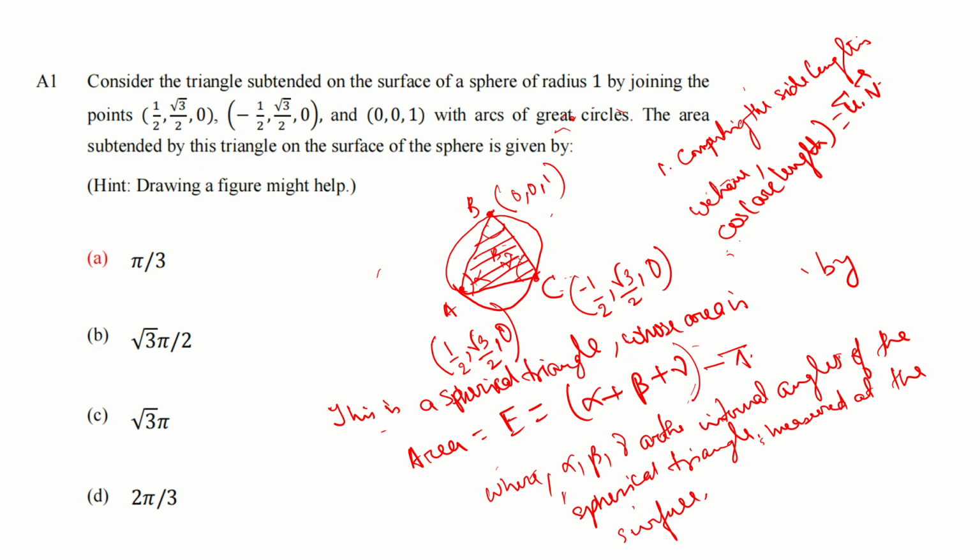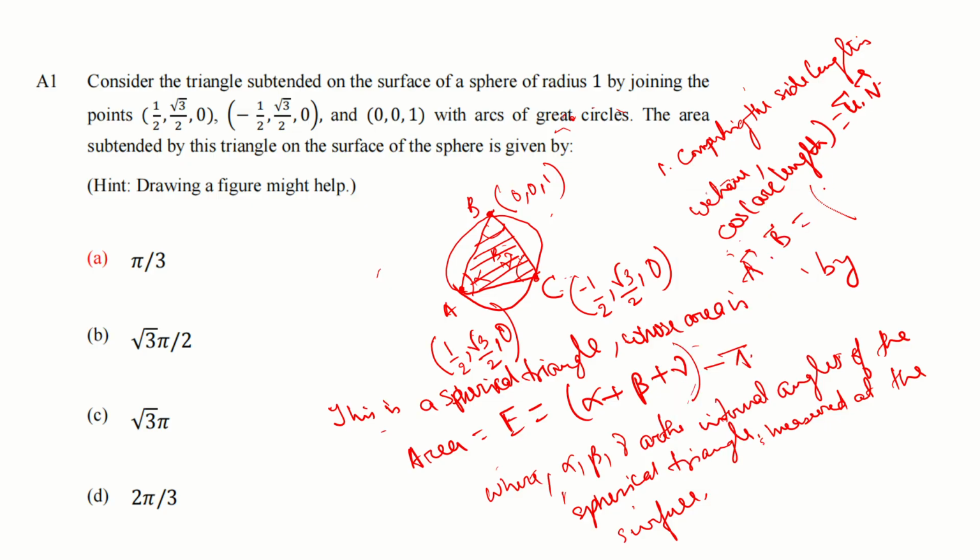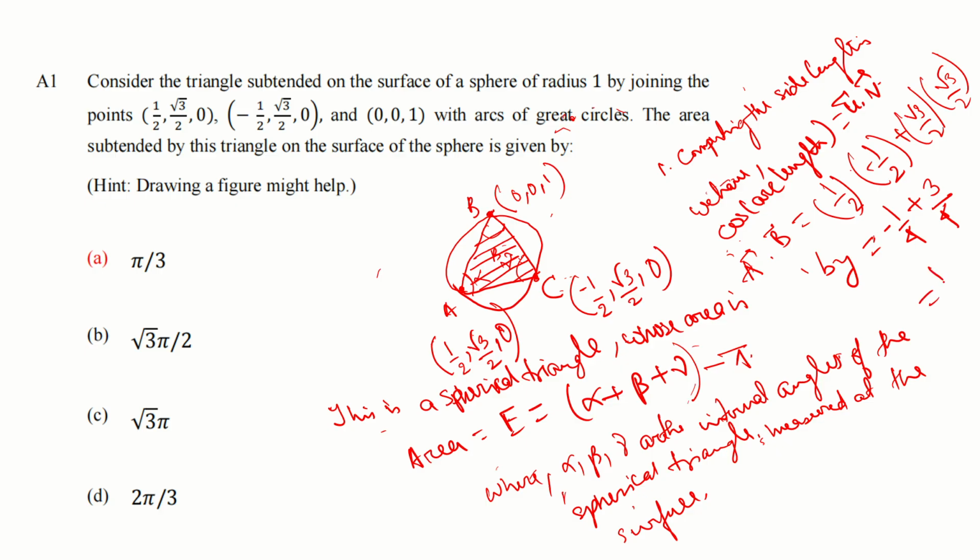First we need to compute the dot product between A and B, right? So A dot B equals 1/2 times minus 1/2 plus root 3 by 2 into root 3 by 2. So it will be minus 1 by 4 plus 3 by 4, equal to half.